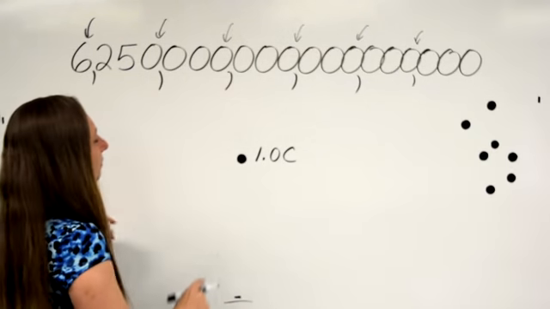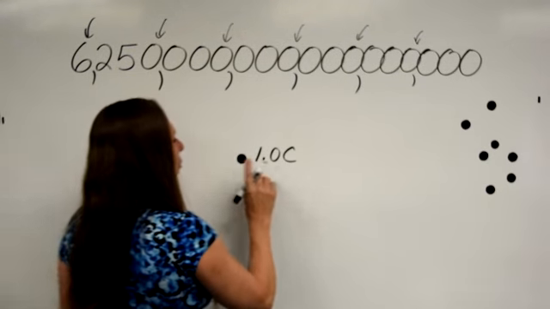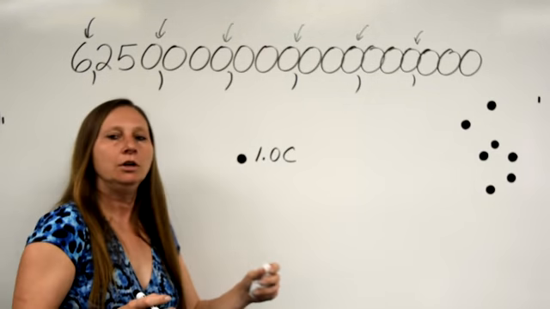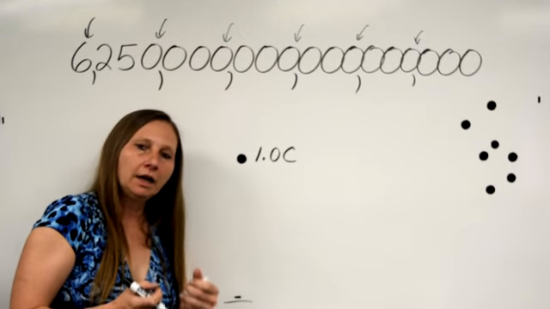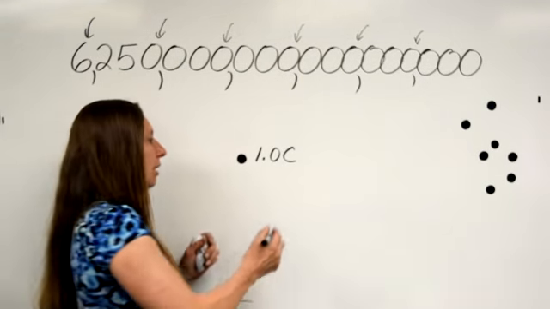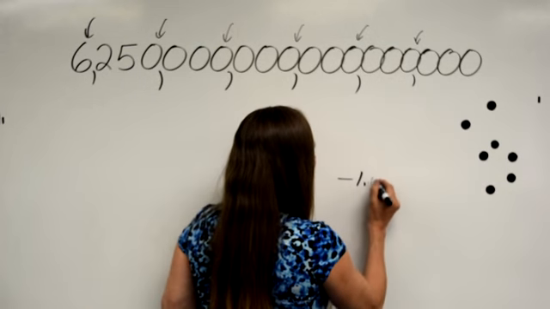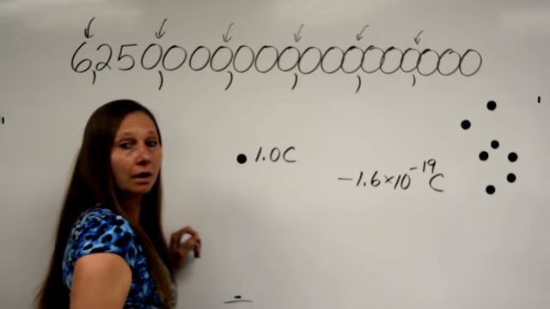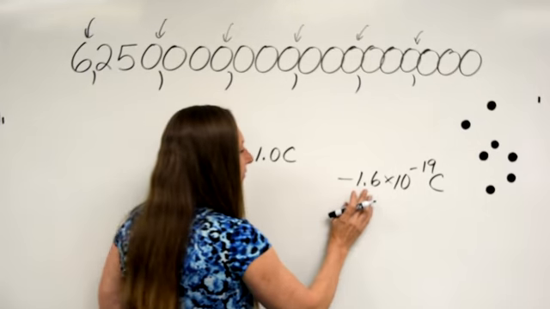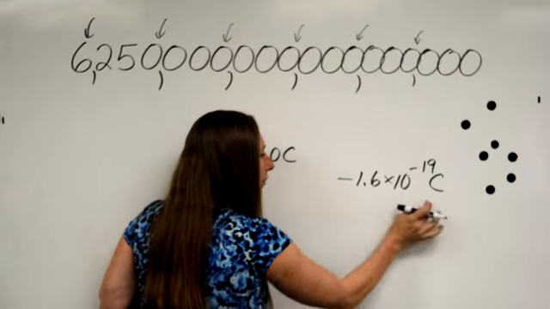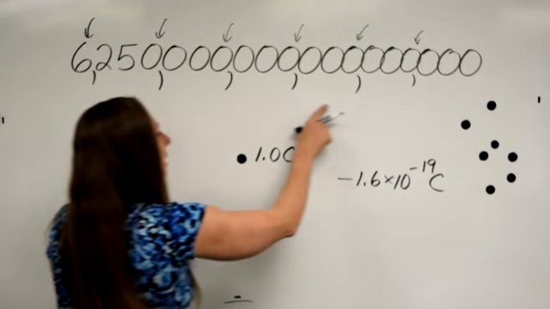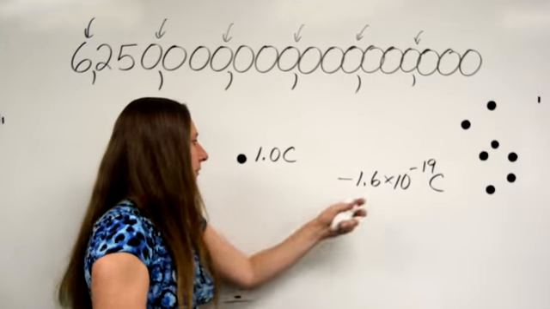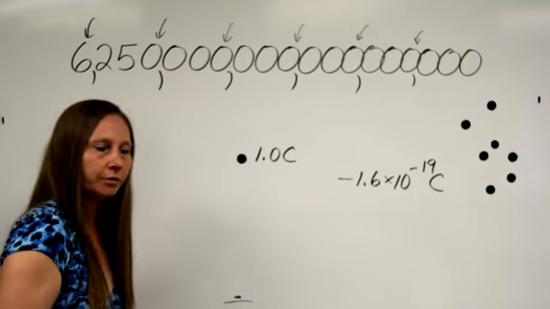Remember we said that 1 Coulomb is huge compared to the charge on 1 electron. The elementary charge is so tiny that to have 1 Coulomb, you need this many electrons all chipping in their elementary charge.